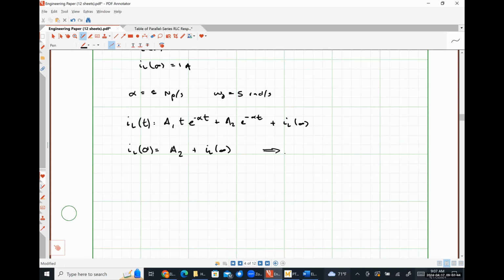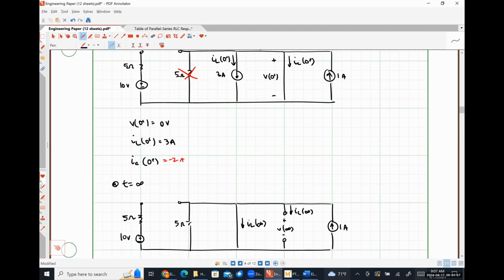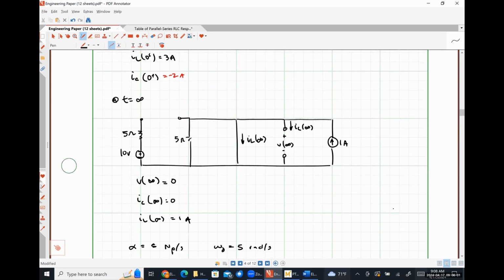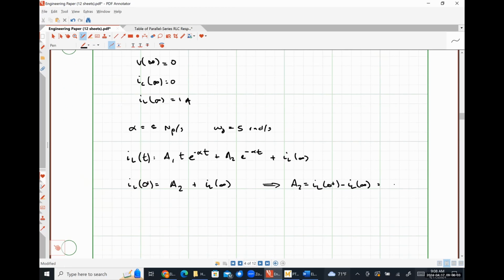So from this, we could say that A2 is equal to IL at 0 plus minus IL at infinity. So at 0 plus, it was 3, and at infinity, it was 1. So the difference between those is positive 2. Seem okay? All right.